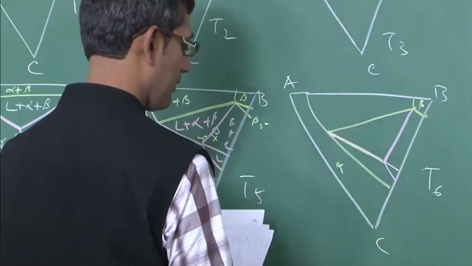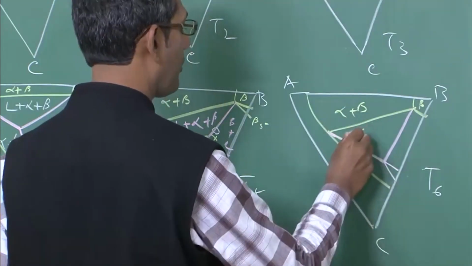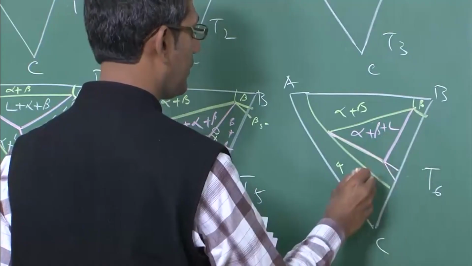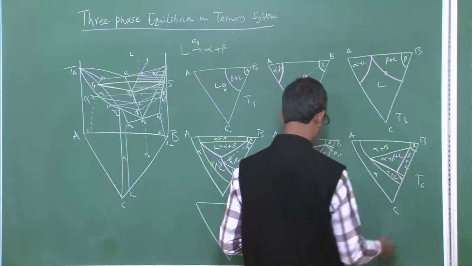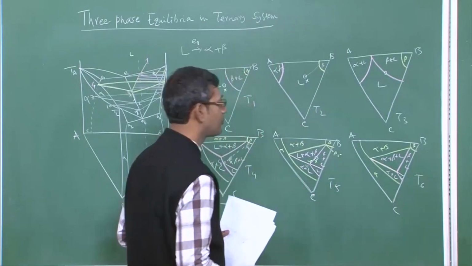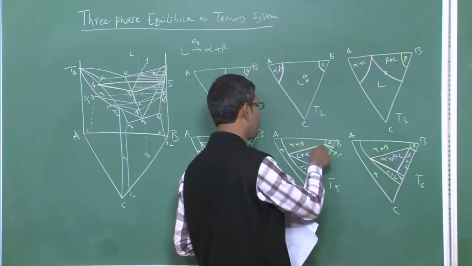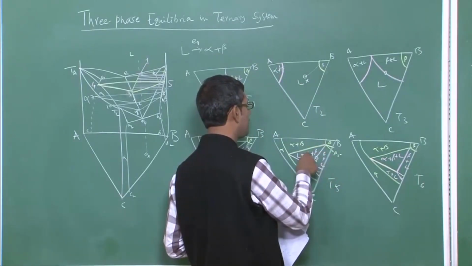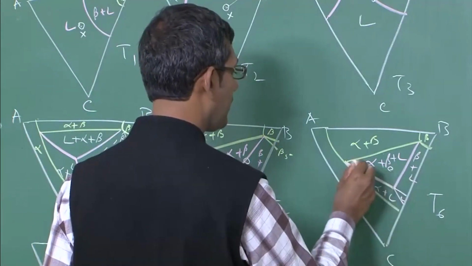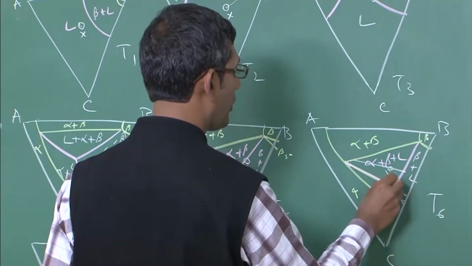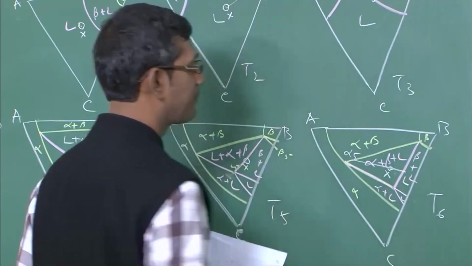So, this is your alpha plus beta, this is your alpha plus beta plus liquid, this is your alpha plus liquid, liquid, beta plus liquid. And at this temperature the composition of the alloy will sit inside the three phase field, because it was sitting on the boundary between two phase and three phase, but it will now sit inside the three phase field. So, it will precipitate more and more of alpha, and you can see this is the liquid.